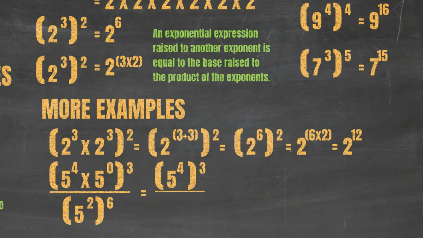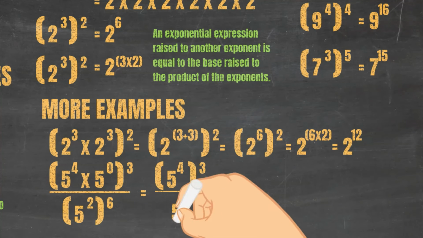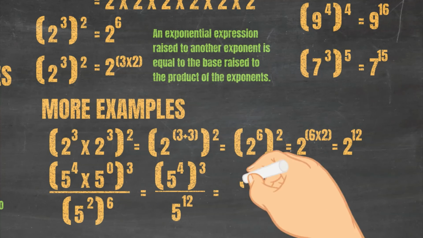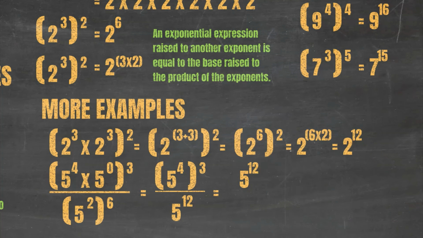Next is the divisor or the expression below the bar. The quantity of 5 squared to the 6th power. Following the laws of exponents again, the expression becomes 5 to the 12th power. 12 is the product of 2 and 6. Going back to the dividend and following the laws of exponents, the expression becomes 5 to the 12th power. 12 is the product of 4 and 3.